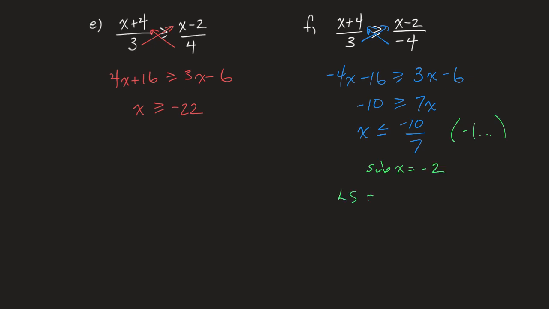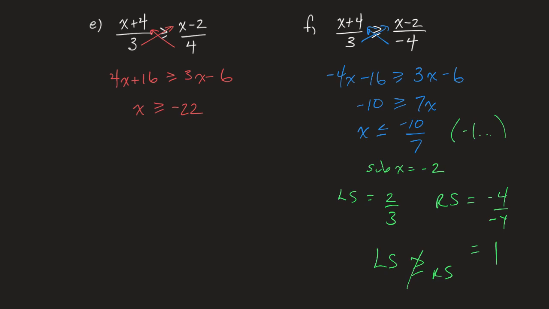And on that left side, I'm going to get 2/3. On the right side, I'm going to get negative 2 minus 2, which is negative 4 over negative 4. That's a positive 1. Well, I just want to draw your attention. Okay, clearly the left side is not greater than the right side. So we goofed up.